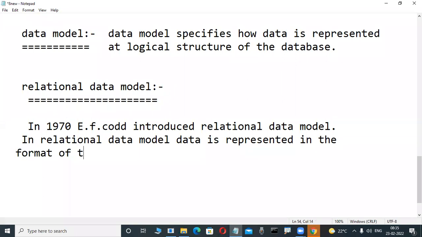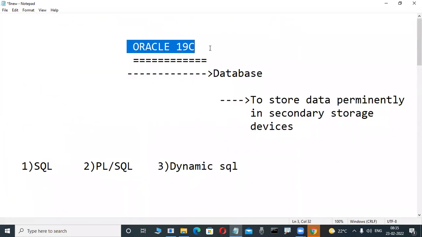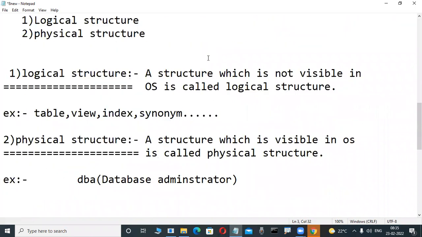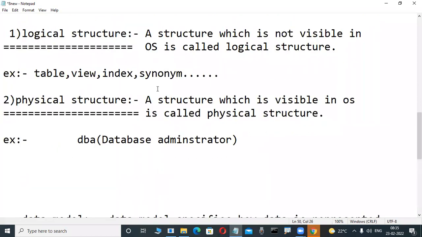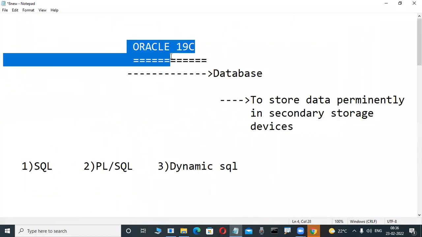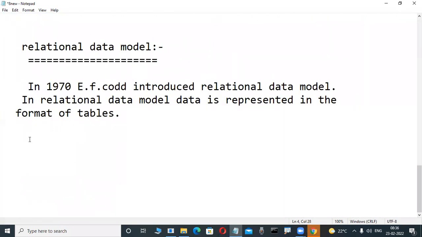For a first-time newcomer, it means tables. That's why nowadays products like Oracle, SQL Server and DB2 are all implemented based on this data model. They implement these products based on the relational data model. That's why these products are very easy. Why are relational data model products very easy? Observe here.